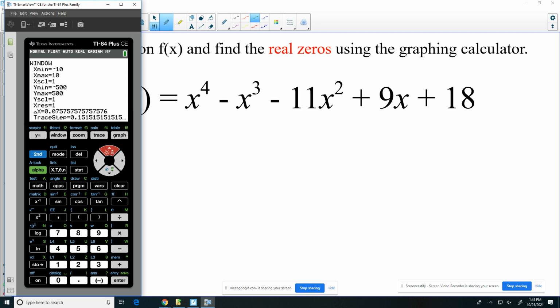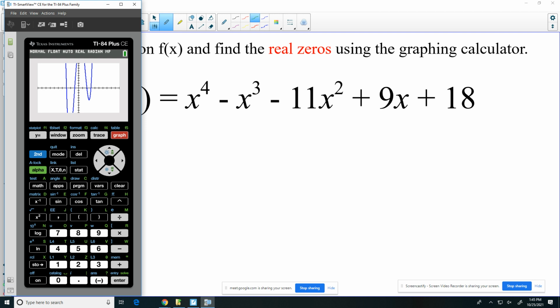If I were to keep zooming out and get further and further out, not really looking at what's going on in the middle, but looking at this more holistically, do you see how it has that basic U shape? And then as I really look at what's happening at my roots, that's when all of a sudden we can tell what's going on here. And this graph isn't a U, it's more like a W.